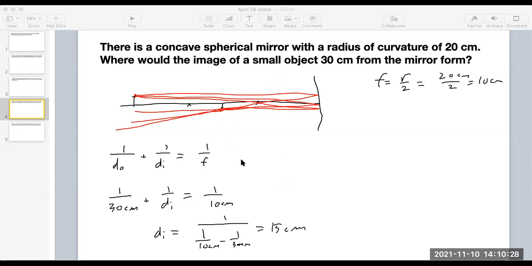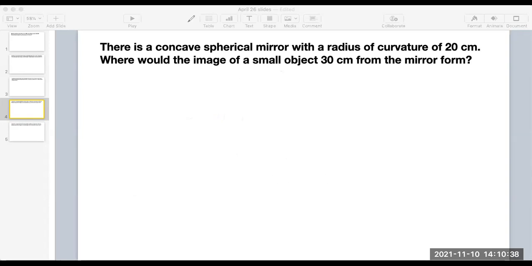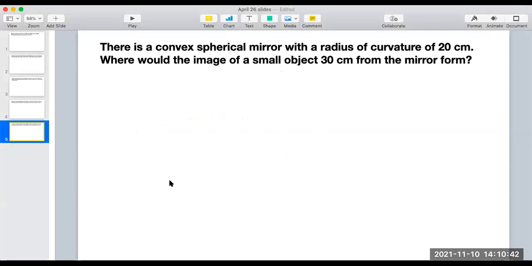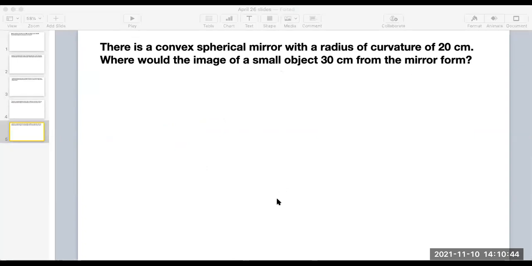Good on this one? Let's flip that mirror around. Same situation, one little change. So our object.